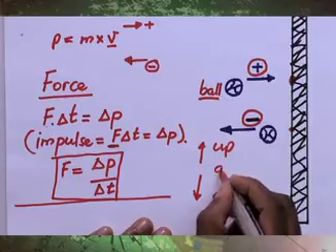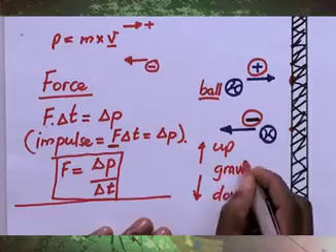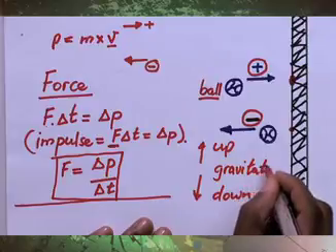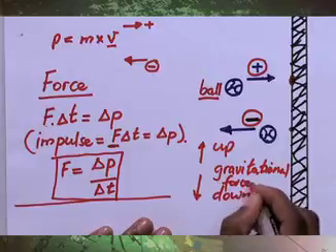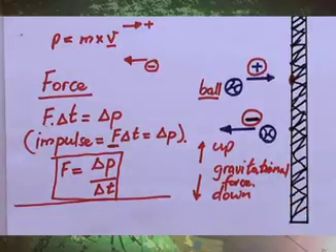This force is the gravitational force. The gravitational force is the force that exists between two masses or two objects. And this force, like any other force, can cause an object to change its momentum. So this is quite important.